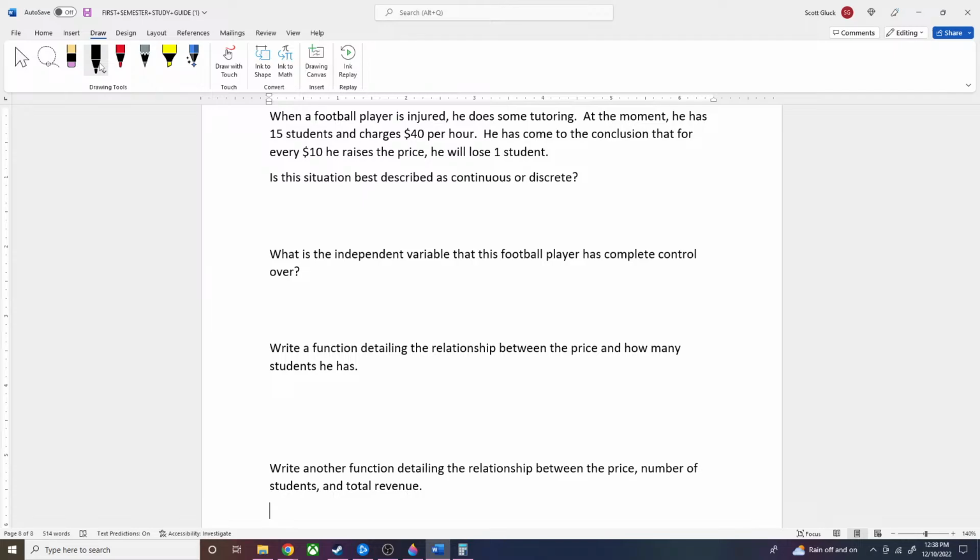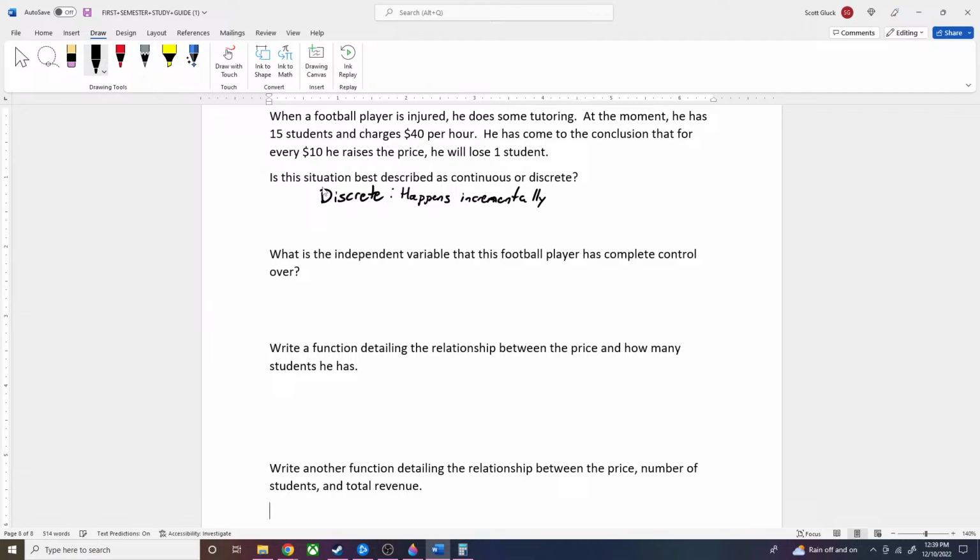Okay? Our first question, is this situation best described as continuous or discrete? Remember that discrete means that this happens incrementally. Okay?